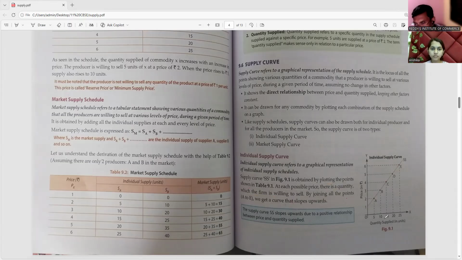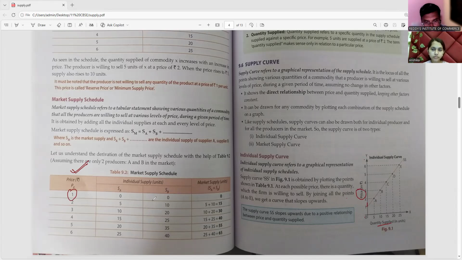The OX axis indicates quantity supplied and the OY axis indicates price. We can take this example. When the price was 1 rupee, individual supply was nothing at this level.